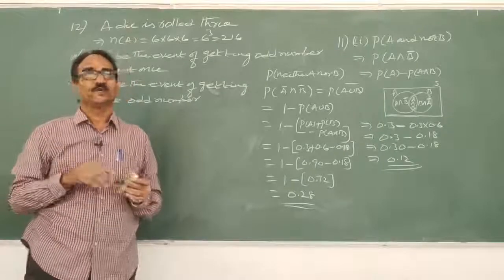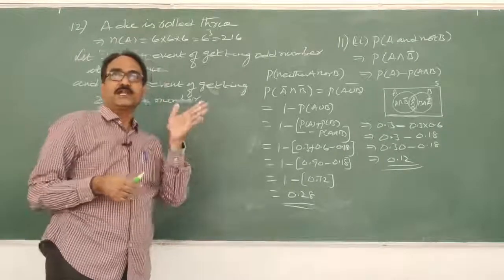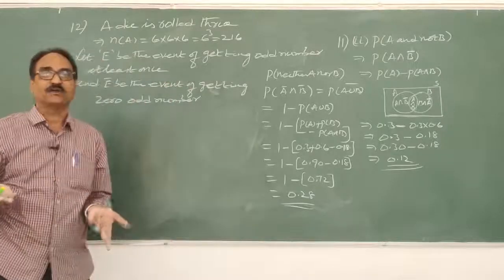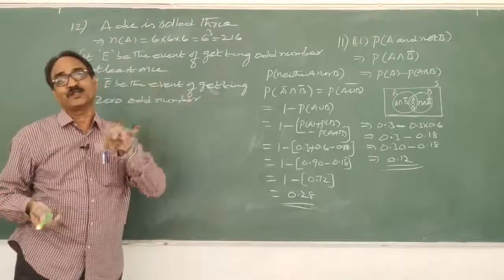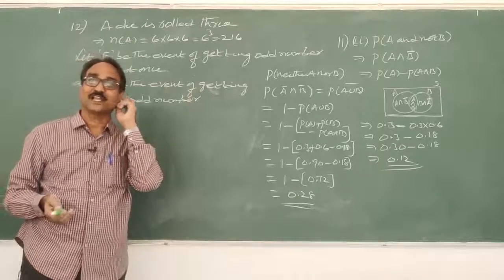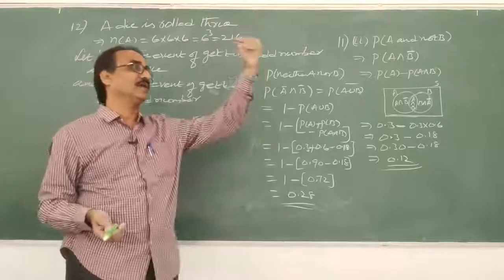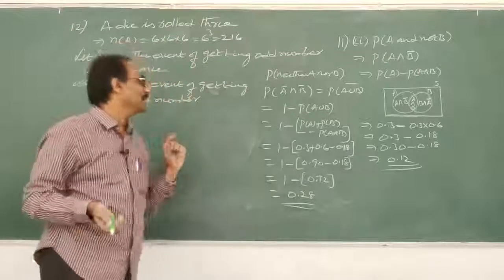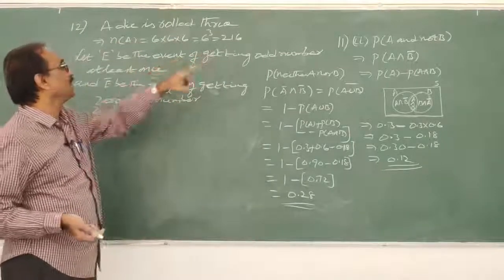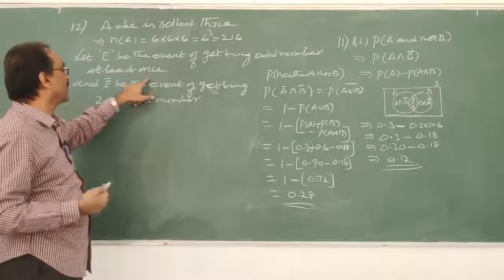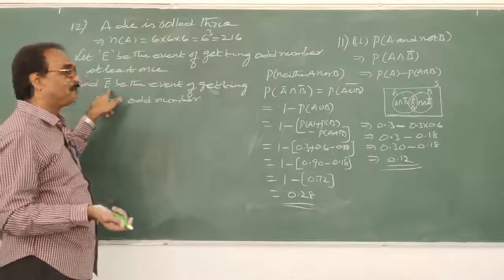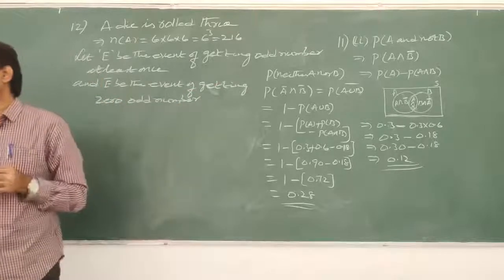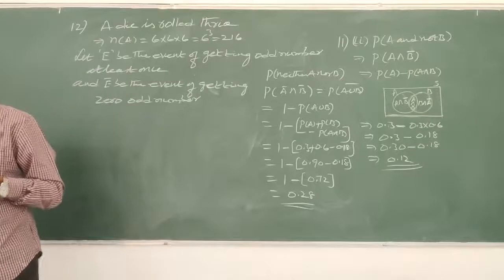So I thought, what is below 1? 0. If I find the probability of getting 0 odd numbers, I can get the probability of getting at least 1. When an event is more difficult, you have to find the complement. So if you find the probability of 0 odd numbers and subtract it, you will get the answer.